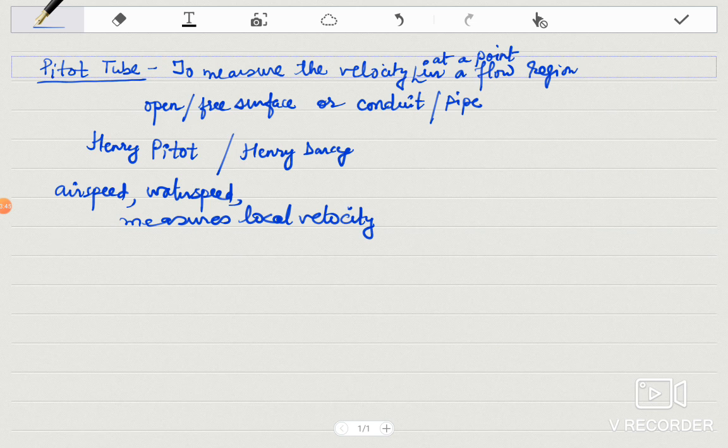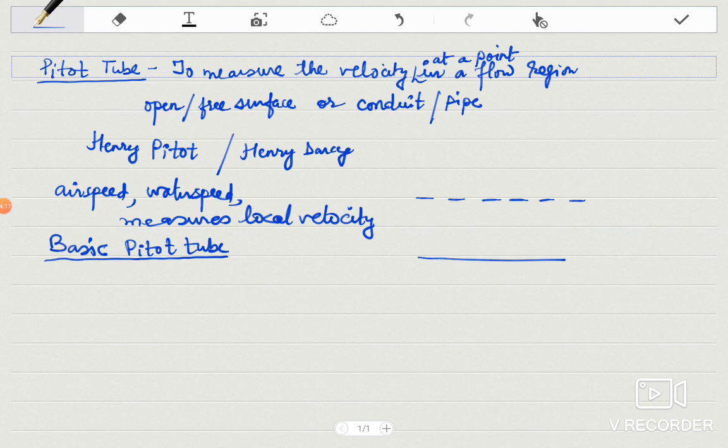Now, Pitot tubes may be of two types which you will study. Otherwise there may be many types of Pitot tubes, but one is the basic Pitot tube. In the basic Pitot tube, you just have a cylindrical tube, as you may see in this example.